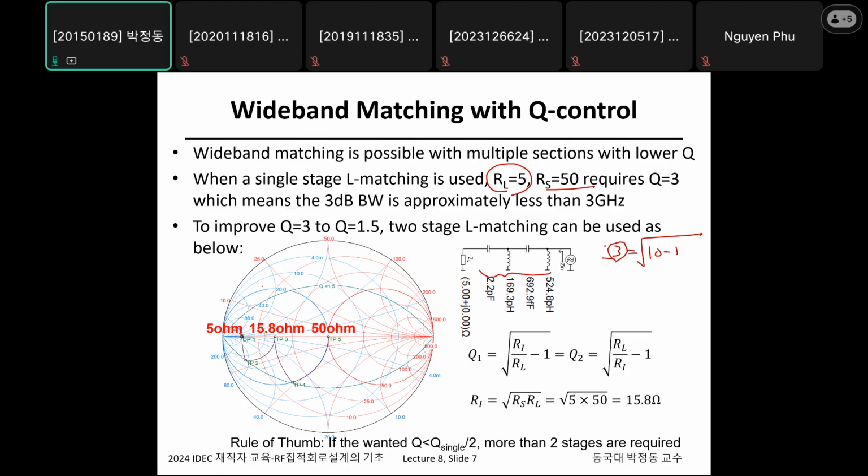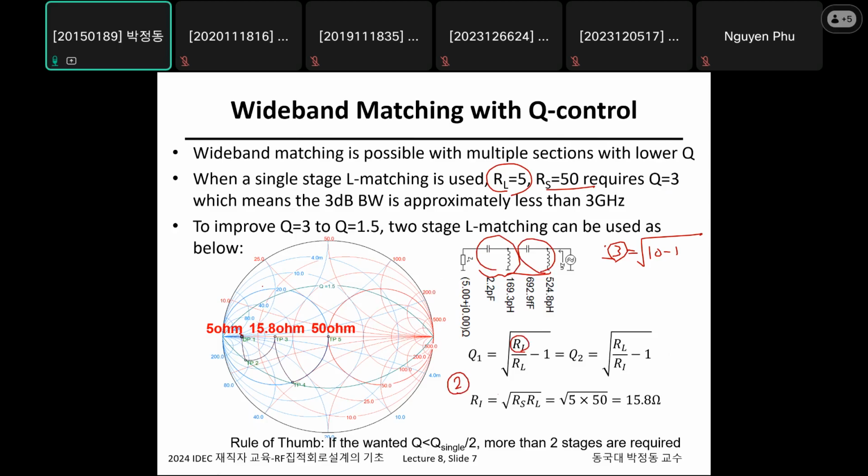In this case, we want to use two consecutive matching networks like this. Here I need to choose an intermediate point.